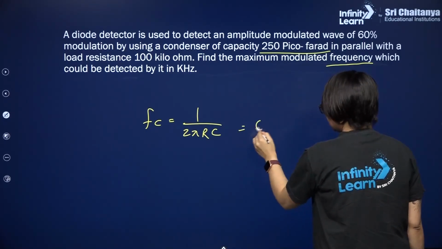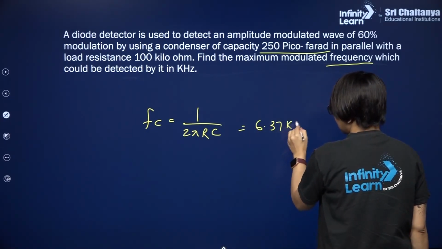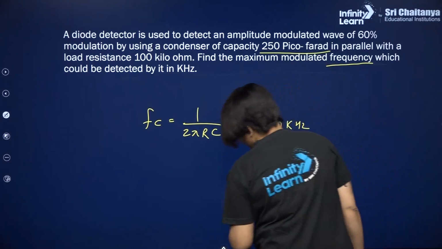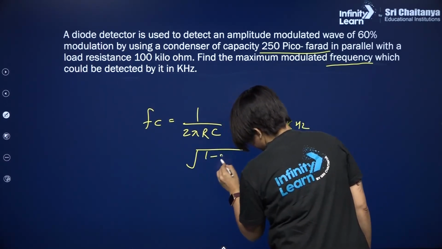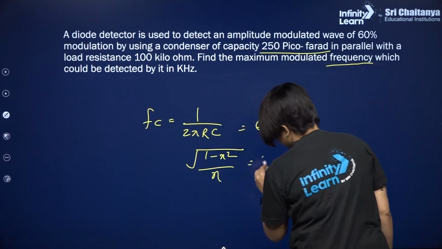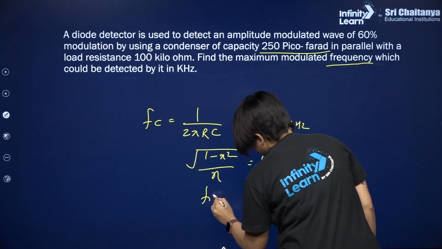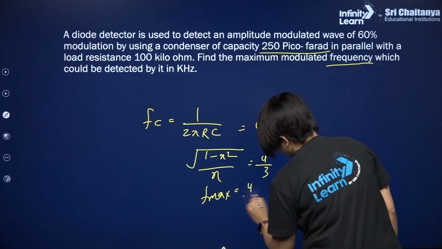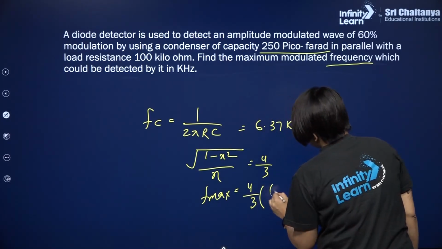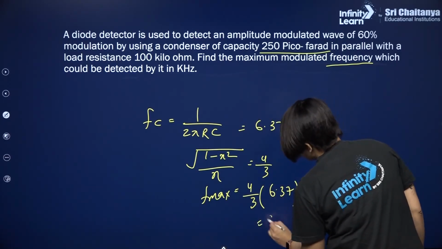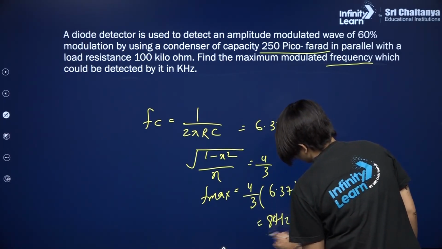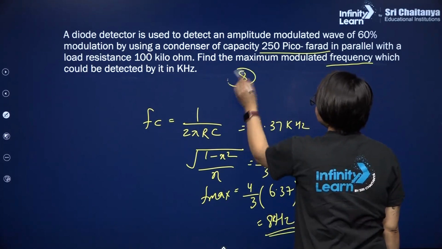So, it will give you 6.37 kilohertz over here. So, modulation factor over here is 1 minus x square divided by n, that is equal to 4 upon 3. So, F max over here is 4 upon 3 into 6.37. So, it is approximately 8 kilohertz. Okay? So, correct answer is 8.